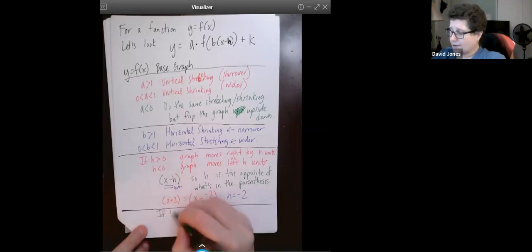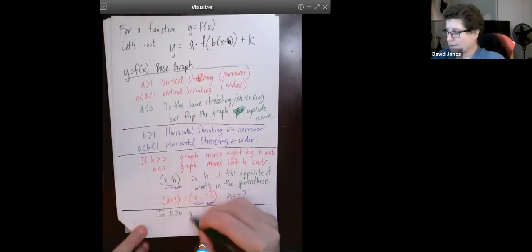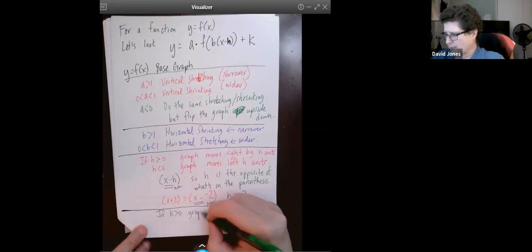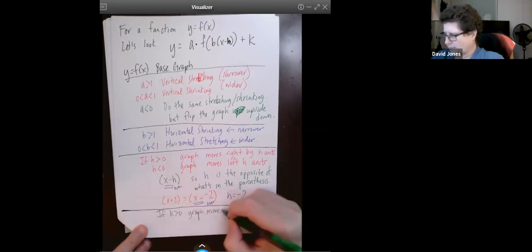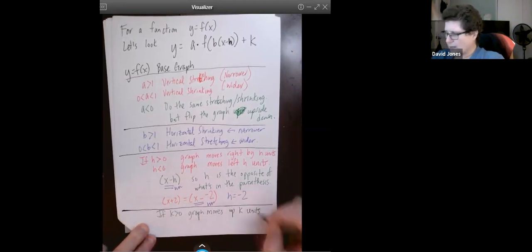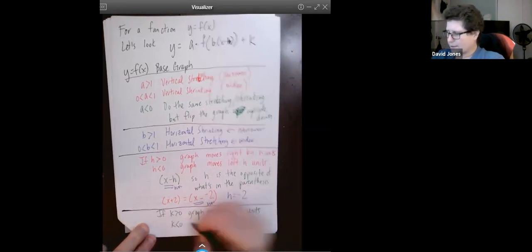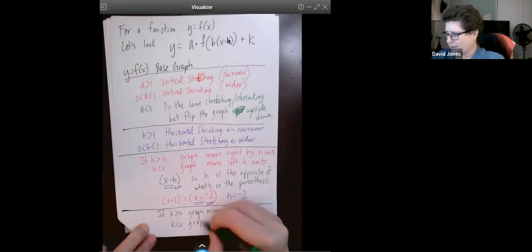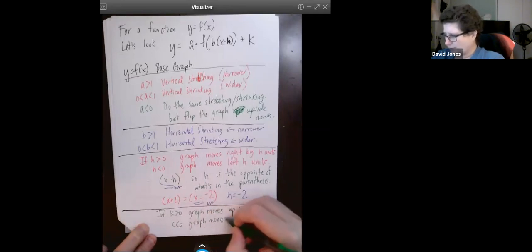If k is greater than 0, the graph moves up k units. If k is less than 0, the graph moves down k units.